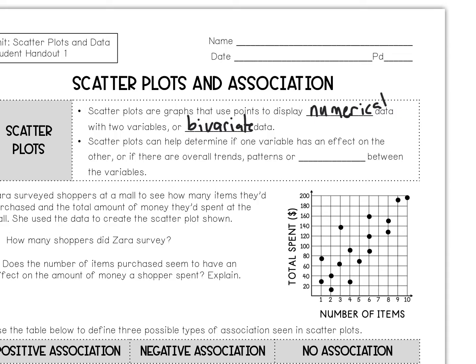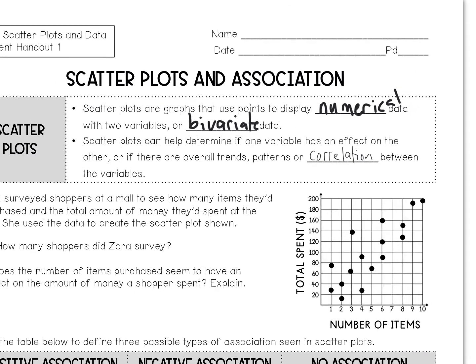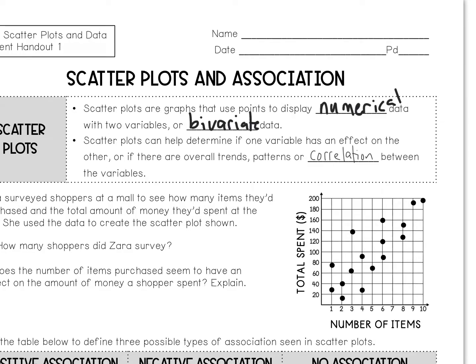Scatter plots can help determine if one variable has an effect on the other, or if there's an overall trend, pattern, or correlation between the variables. So basically we want to see, do the two variables have anything in relationship to each other? That's what we're looking at.